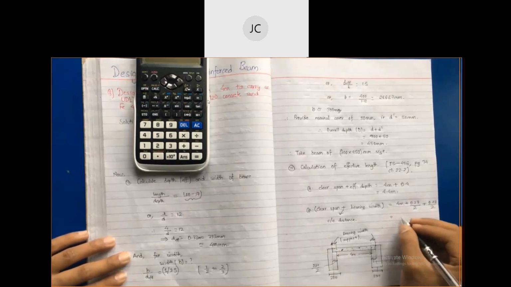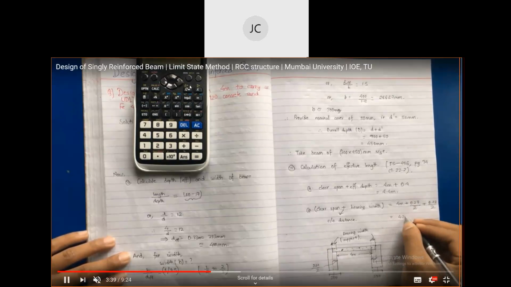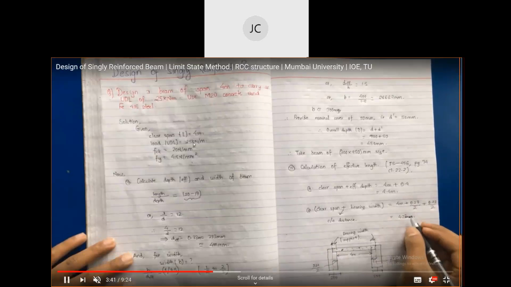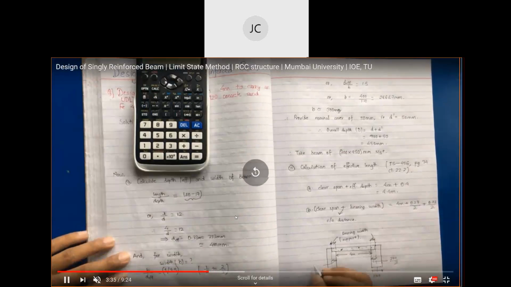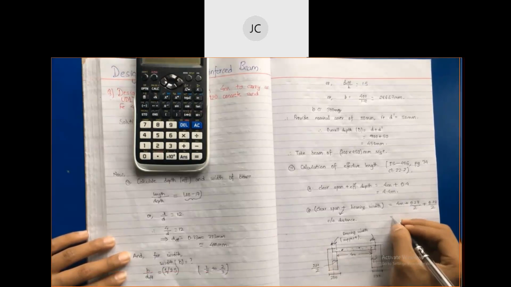And the center to center distance will be... in the question I think the width of the support is given. I think the width of the support was given as 230 millimeter.